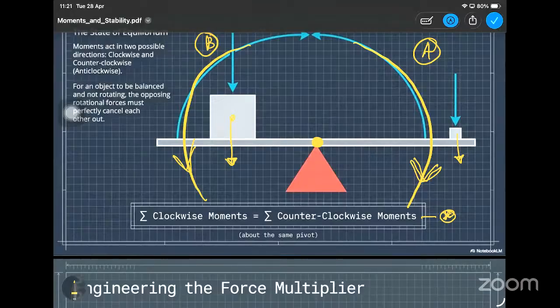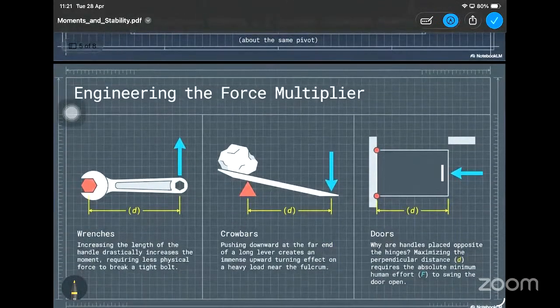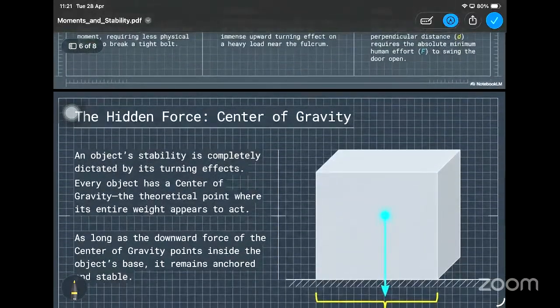If they ask like that, then you need to write: the clockwise moment must be equal to the anti-clockwise moment. Then here some applications are given. You can go through it. I'm not going to focus more on that.